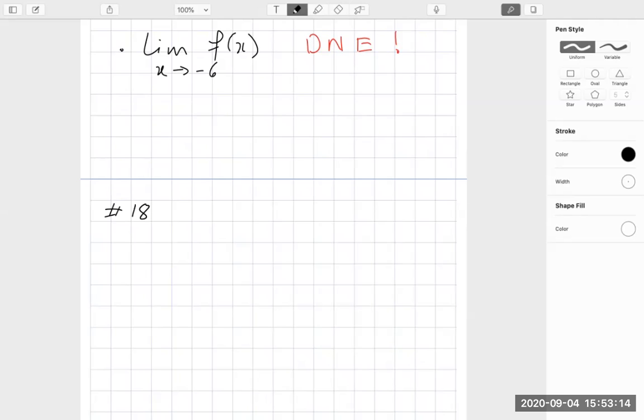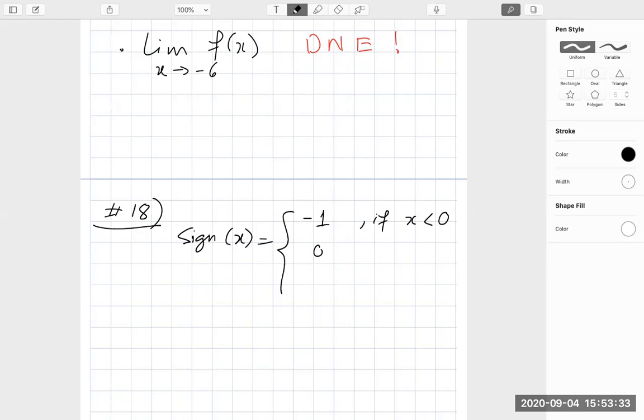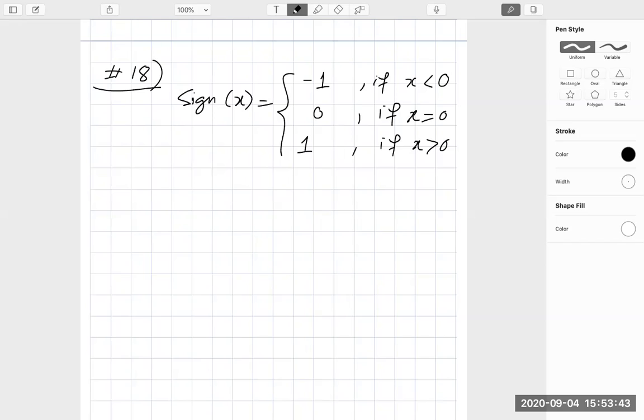The number 18. The sine function is defined as -1 if x is negative, 0 if it is 0, and 1 if x is positive. And the graph of this will be like this.